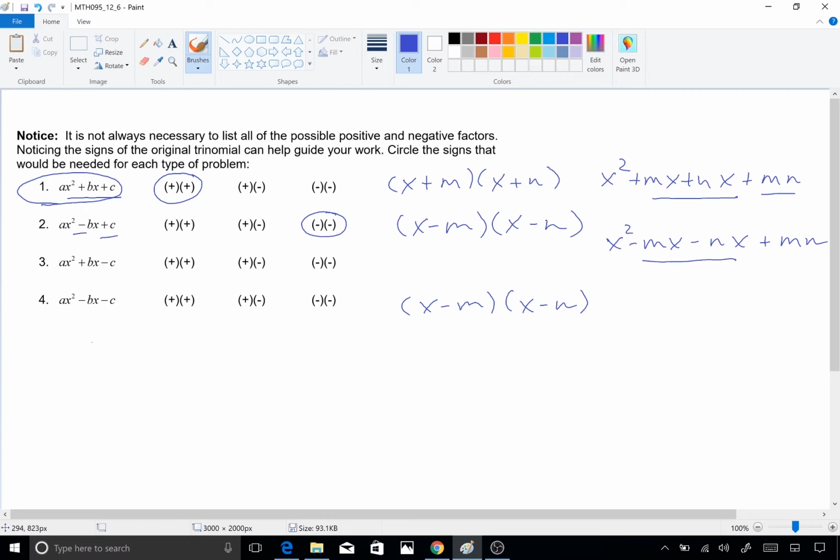This would have to be in the form x minus m times x plus n, or maybe x plus m times x minus n. But say we have this one, x minus m, x plus n. Then you'll wind up with this one if n is bigger, if the positive term is bigger, and this one if the negative term is bigger.